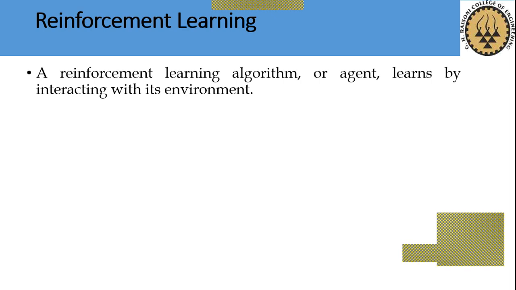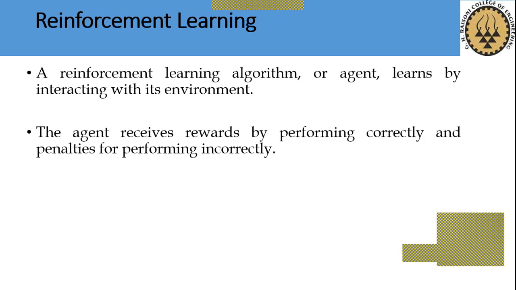The environment means where that system works. The agent receives a reward for performing correctly and penalties for performing incorrectly. So if that agent performs correctly, it gets some reward, otherwise it gets some penalties.